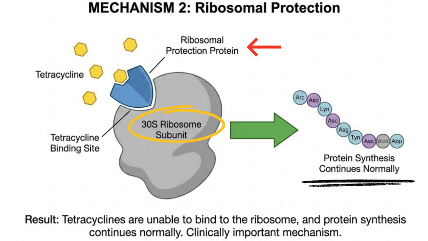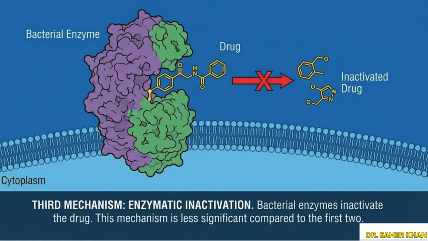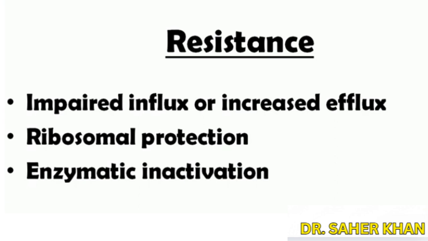This is also a clinically important mechanism of resistance. Third mechanism, enzymatic inactivation. In this mechanism, bacterial enzymes inactivate the drug. However, this mechanism is less significant compared to the first two. So among these three mechanisms, the most important ones are decreased drug influx, increased efflux, and ribosomal protection.